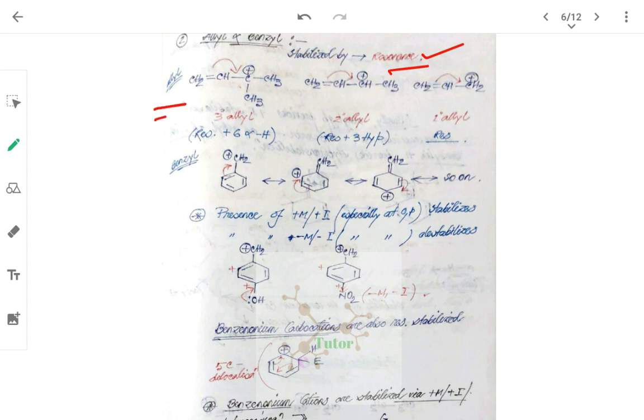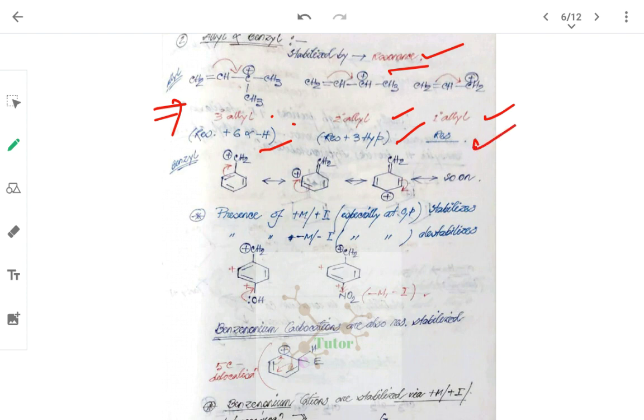Now, in the case of allyl, this is 3 degree allyl, this is 2 degree, this is 1 degree. 3 degree is stabilized via resonance and 6 alpha hydrogens, and 2 degree is stabilized via resonance and 3 hyperconjugation or alpha hydrogens, and 1 degree is stabilized only via resonance.